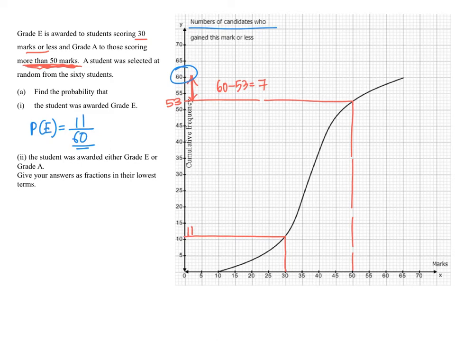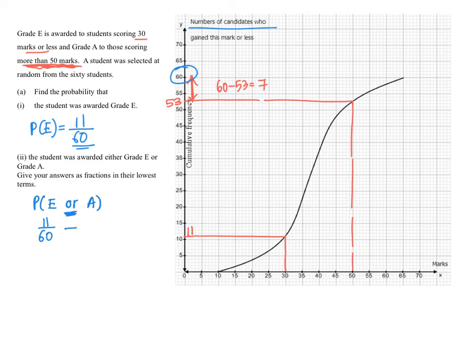Next, part 2. Find the probability that the student was either awarded grade E or grade A. So probability of getting E or A. Probability of getting a grade E was 11 out of 60. Or, so what do I need to do now? Do I add or do I multiply?